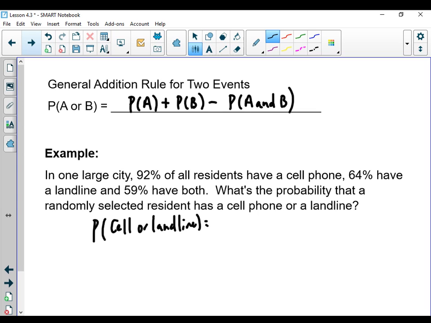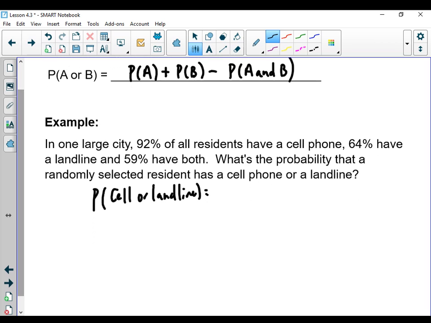So this question might be a little bit dated because I'm guessing 64% don't have landlines still, but we'll go with it. So if I'm going to find the probability on this one, first thing I'm going to do is find the probability of them having a cell phone. Then I'm going to add to that the probability that they have a landline. I'm going to take away from that the probability they have both.